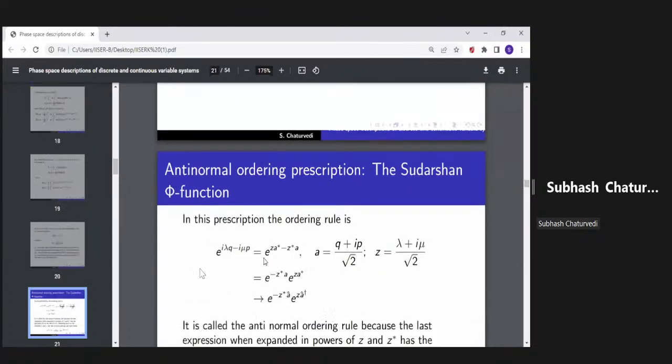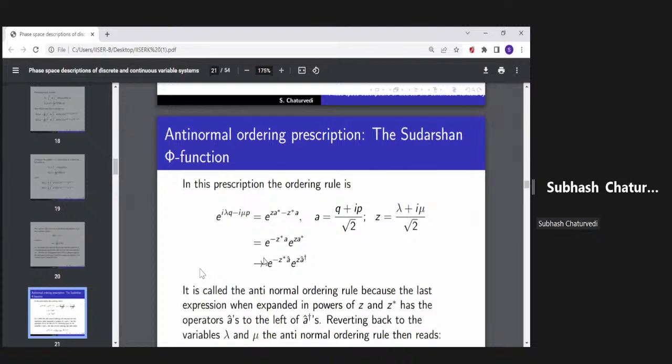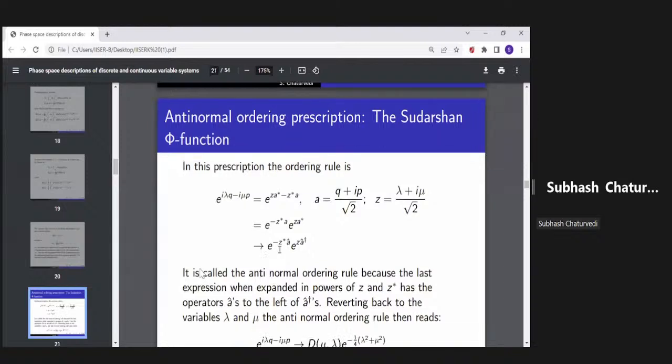Now we move on to the antinormal ordering prescription, or what is called the Sudarshan phi function. Here again we proceed exactly as before, except rewrite this exponential the other way around, so that when we elevate A and A star to operators A hat and A hat dagger, the annihilation operators appear to the left of the creation operators.